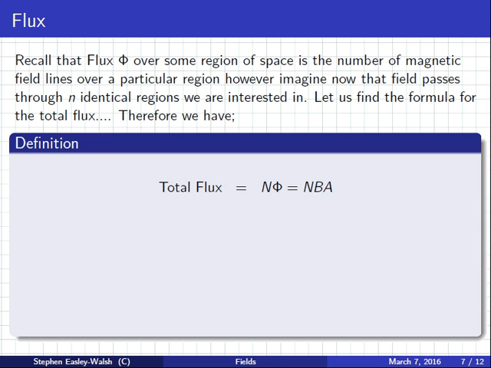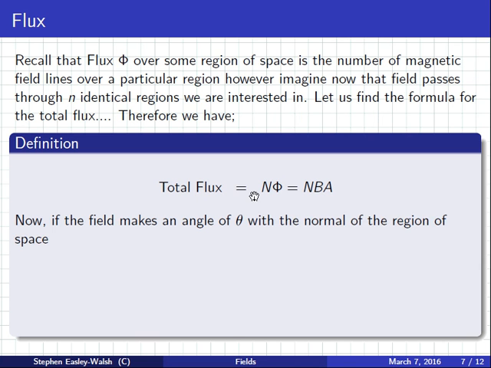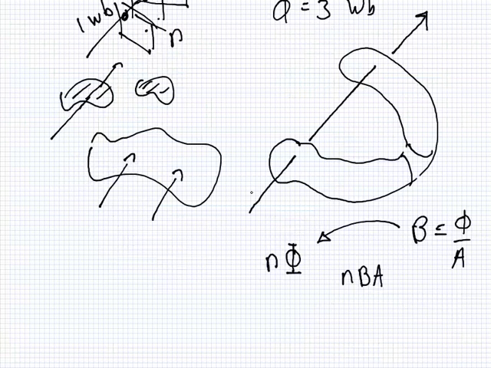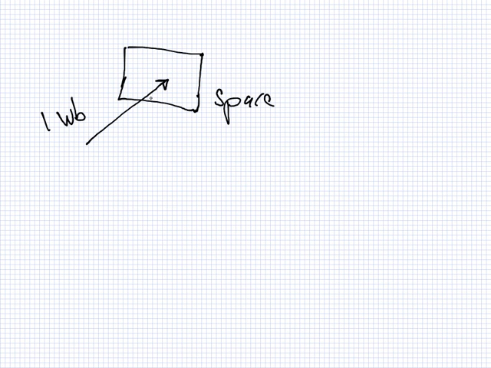Can I continue? Now, what if the field makes an angle theta with the normal of the space? Now I have to draw that carefully. So, here is the space, and here is the field, and this will be 1 Weber. And the angle, we want to change it. Now, for these problems, the way you measure the angle is between the field and the normal.